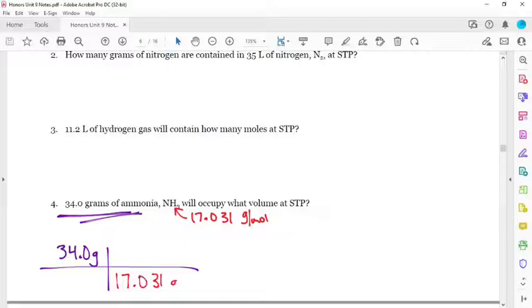And that means that gram number goes on bottom, 1 mole goes on top. But I didn't want to stop at moles. I want to know the volume of this at STP, which is where that 22.4 number comes back in, because that can get me from these moles to my liters in one step.